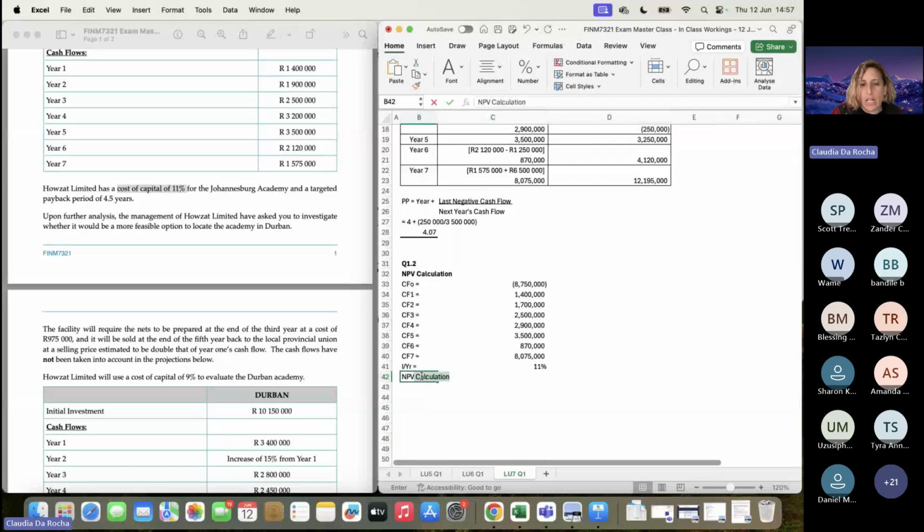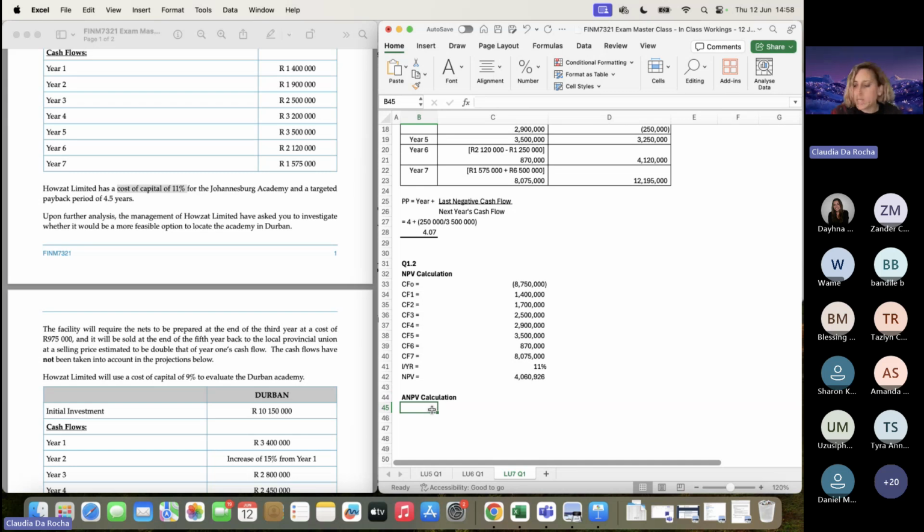Okay, so then we calculate our NPV, and the NPV that you should obtain when you calculate it is shown here. Once we've got the NPV, we can now do the annualized calculation, and I am doing the financial calculator method because that's just the quicker method.